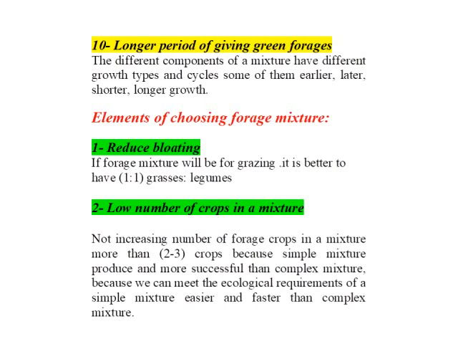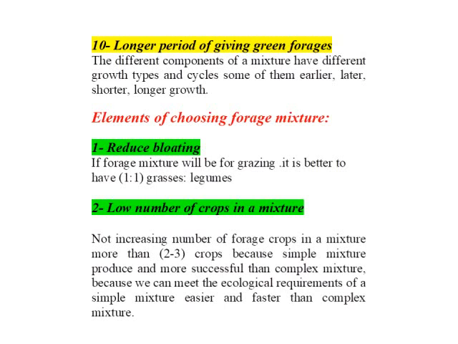Now, how can we choose the components of the mixtures? First, we should keep in mind that if we have a bloat problem, and the forage mixture will be for grazing, it's better to have 1-to-1 grass to legume, to reduce the proportion of legumes.